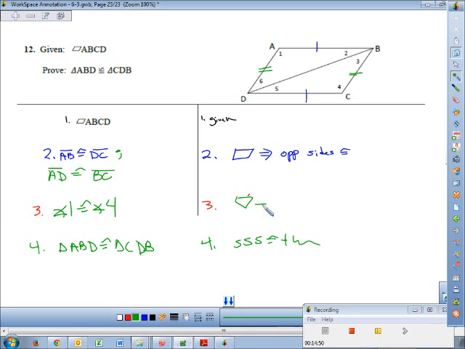Parallelograms imply opposite angles congruent. Sorry, my pen got all out of whack there. So then boom, boom. Do I have enough information to prove those two triangles congruent? Which way? Side, angle, side, right? Could I have used the parallel lines? Yeah, but it's more steps. It's more steps. Whatever you got to do.